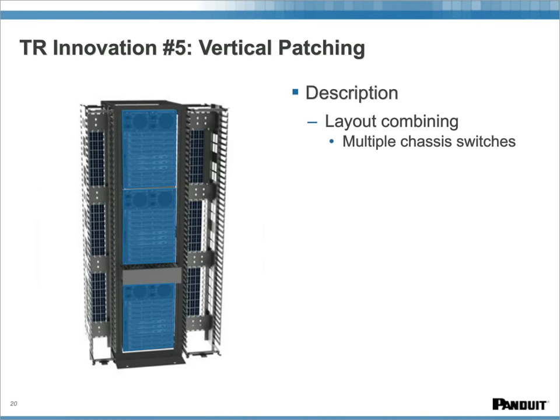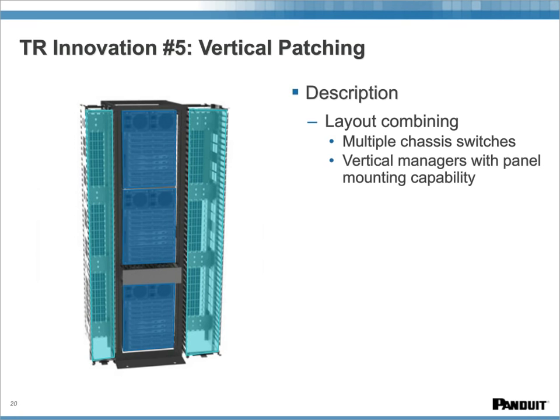Multiple chassis switches. In this case, it's actually 3 of the same 4510. They're 14 RU each. In the center of the rack, here in the teal color, you can see that we're using vertical managers with panel mounting capability within the managers, meaning vertical panel mounting capability, which not all vertical managers have.